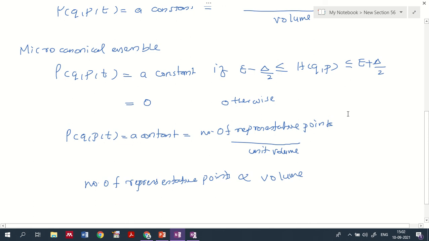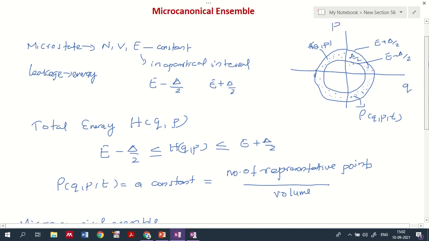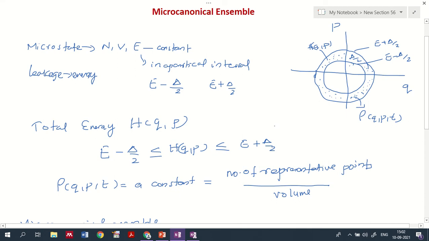Now let me go back to the figure again. In this figure, the volume of this shaded or dotted region we can represent as omega.